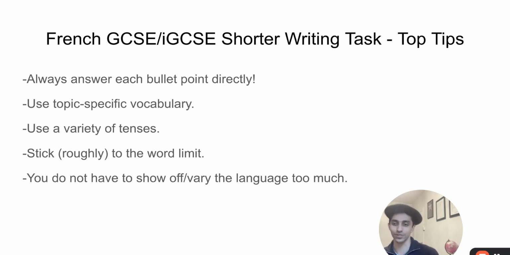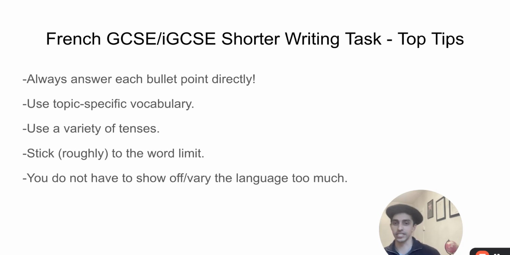Because it would be very difficult to write exactly 20 words per bullet point for 5 bullet points. But I would not write, say, 40 to 50 words for one bullet point and then just 5 to 10 words or 10 to 15 words for the next one. So try to write roughly the same amount for every bullet point.